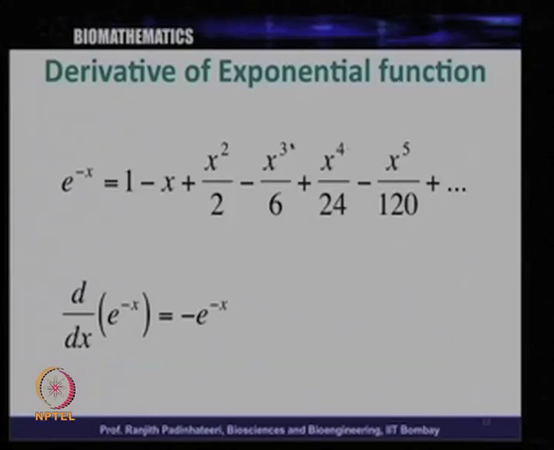If we know this sum, just like before, we can calculate the derivative of each term and sum them all, and we will get the derivative of e power minus x. So, let us quickly try doing this.